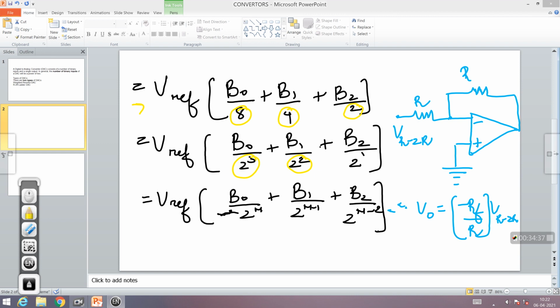Now we know that n is 3, so this is n minus 2, this is n minus 1, and this is n.